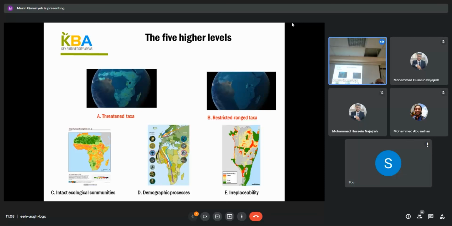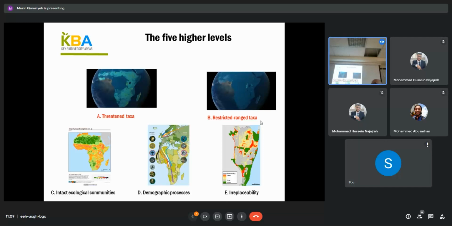In this criterion, you can also use threatened ecosystems according to the IUCN Red List of Ecosystems. This is a very important level. The second one is restricted range taxa, so restricted range endemics.